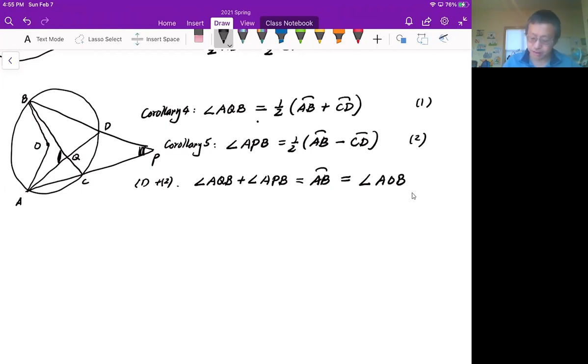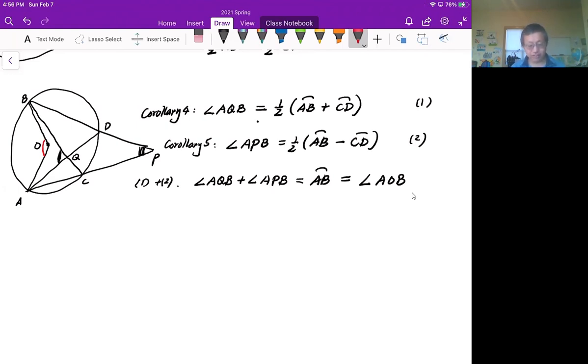So that means this angle is the sum of the other two angles, one inside and one outside. If I add them together, the sum is AOB.